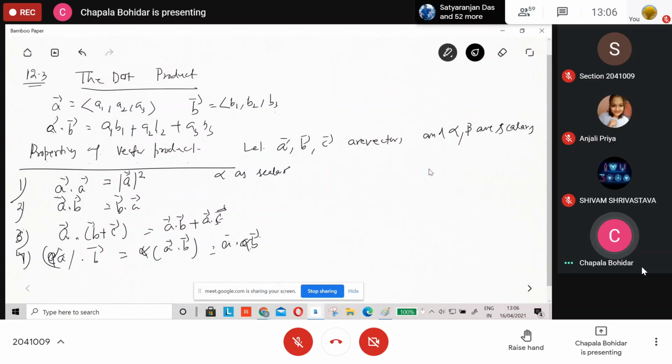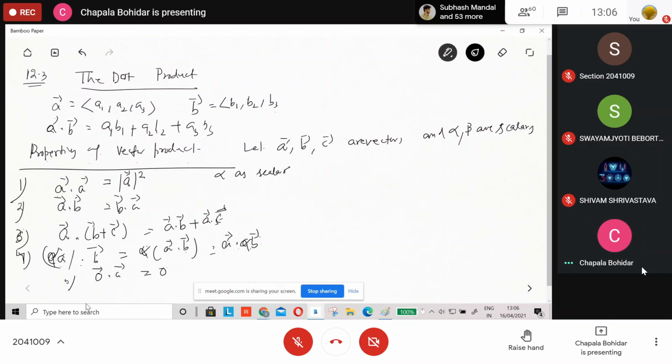So here, these are all the properties. If you multiply a vector by any scalar and take the dot with another vector, then we get this result: alpha times A dot B, which equals A vector dot alpha times B. Then 5, if you take the dot product of the null vector with the vector A, what do you get? You get 0.